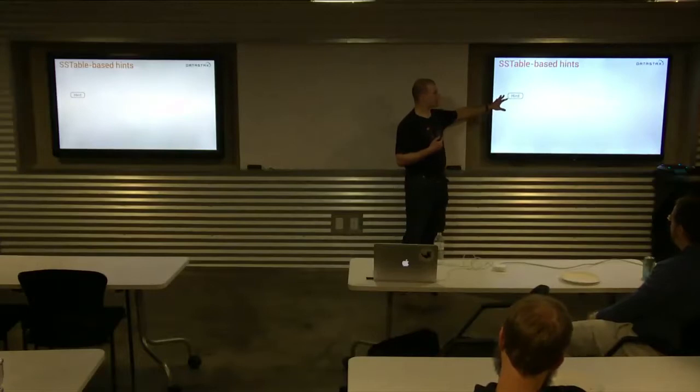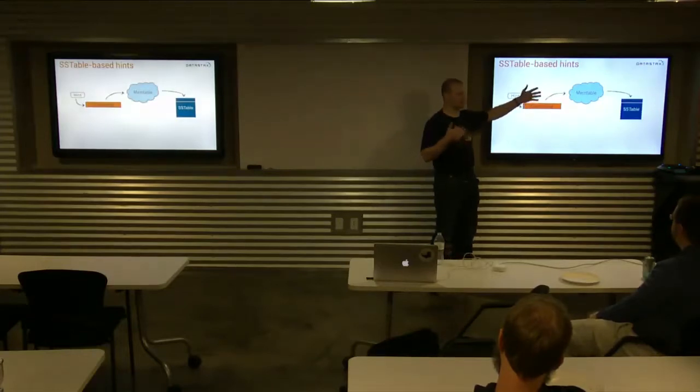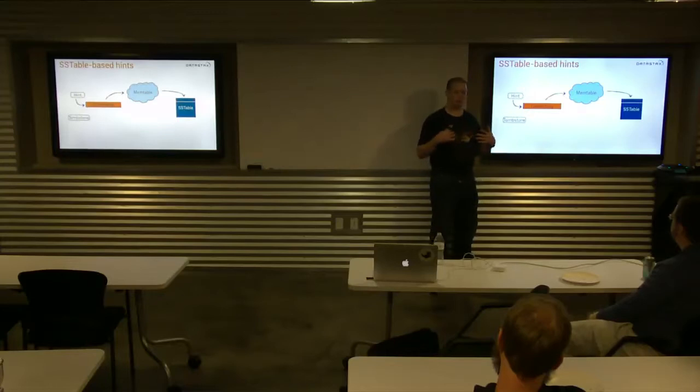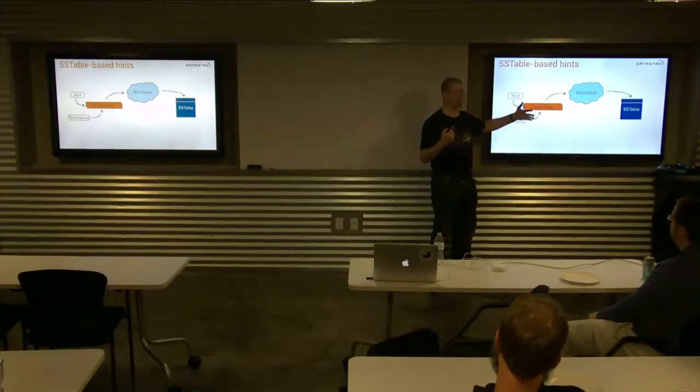So what happens when we write a hint to an SSTable is first we write it to the commit log, then it goes into the memtable, just like any other write. Eventually it's flushed to an SSTable, but then we've got double jeopardy because when we deliver the hint, we delete it. So we write a tombstone to the commit log and the memtable and flush it to an SSTable.